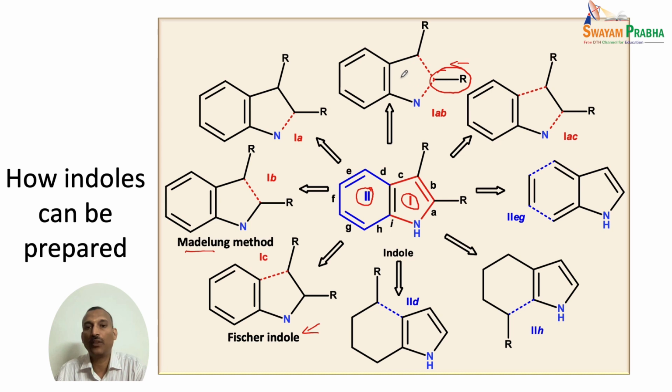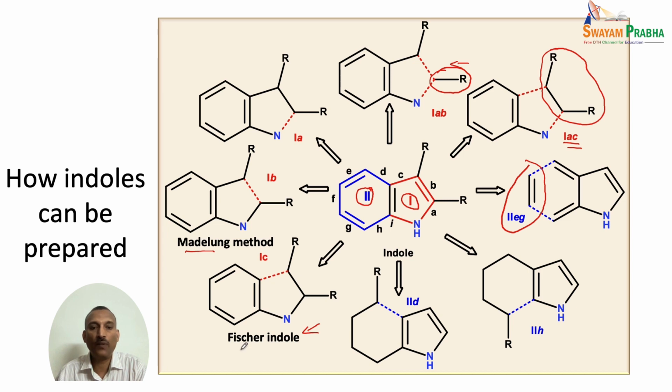That is one way of forming this compound, and another one is 1AC, which means the bond A and the bond C are formed, and the other unit comes from this kind of starting material. So this is another way, and the 6-membered ring can also be formed from various other reactions.